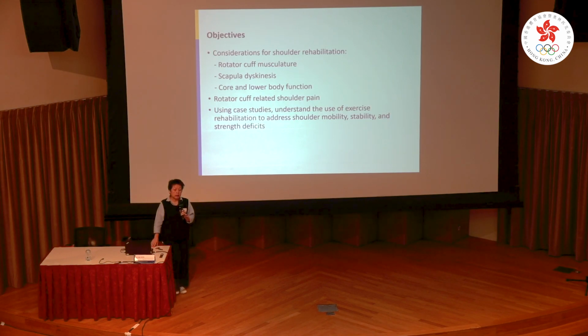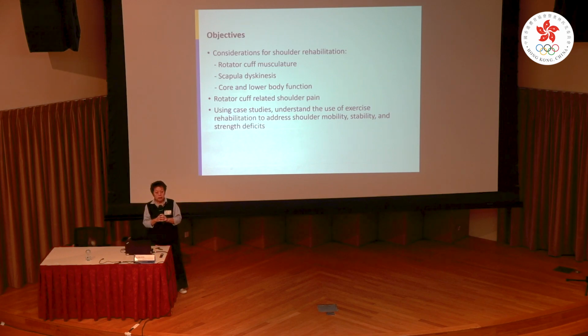The second part is on the scapular musculature. There are a lot of those, and some are important to the understanding of the rehabilitation and what muscles are more of a priority. The third part is on core and lower body function. Is it relevant to people with shoulder dysfunction? We'll explore and look at some of the literature that talks about that.